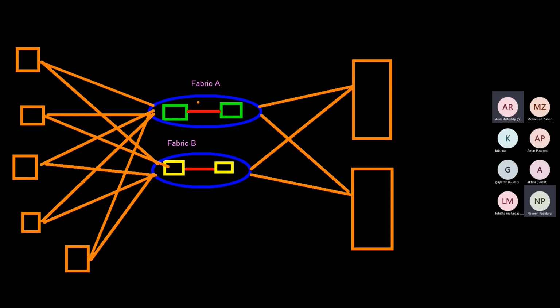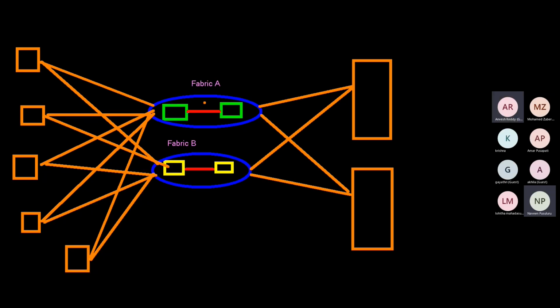Why did we create 2 SAN networks? Why can't we keep all 4 switches in a single network? Because due to some configuration issue, if one fabric went down, my servers and storage will still be able to communicate with each other via the second fabric, the second SAN network. It is a standard you need to follow.